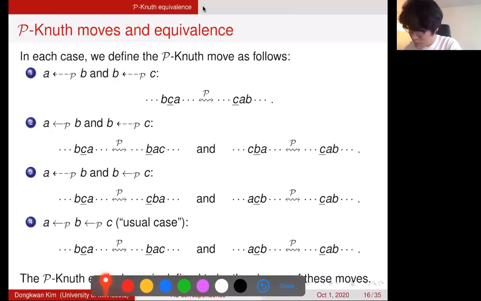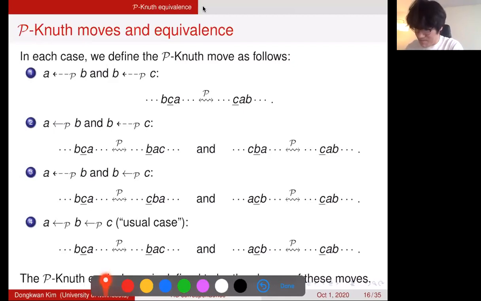Firstly, you see that these numbers have different descents for each line. So it kind of has the spirit of Knuth moves.